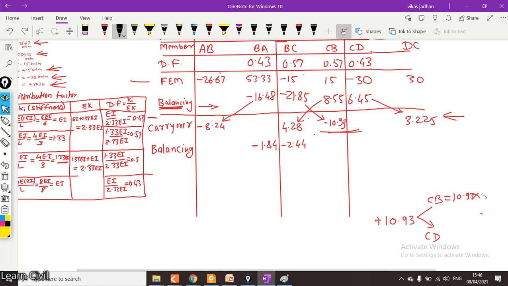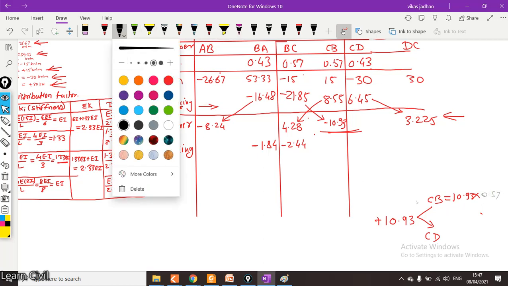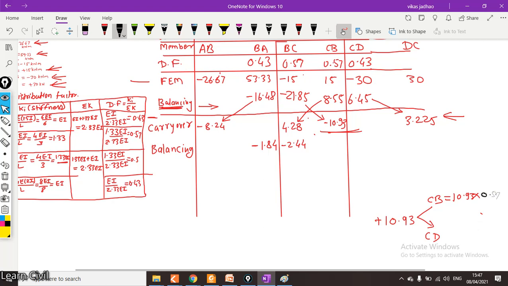So 10.93 into 0.57 will be equal to 6.23. So write down here 6.23.